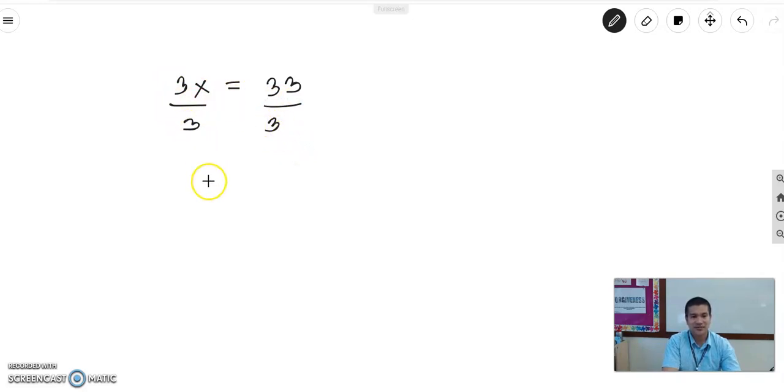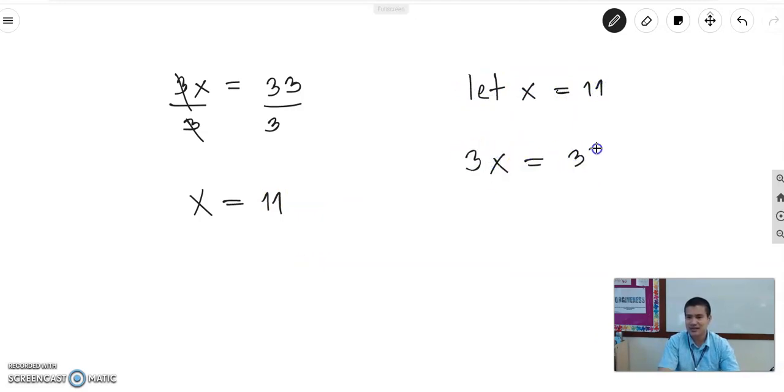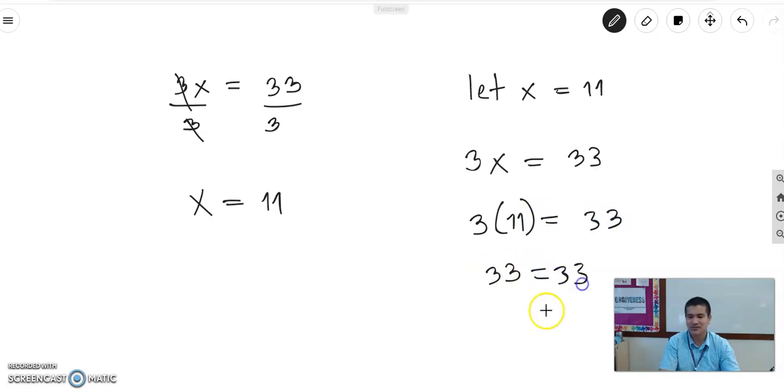So x is equal to 33 divided by 3, which is 11. To check, x equals 11, so 3x equals 33, and 3 times 11 equals 33. Therefore 33 equals 33.